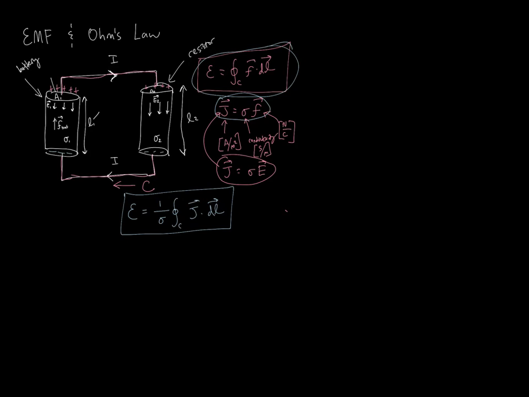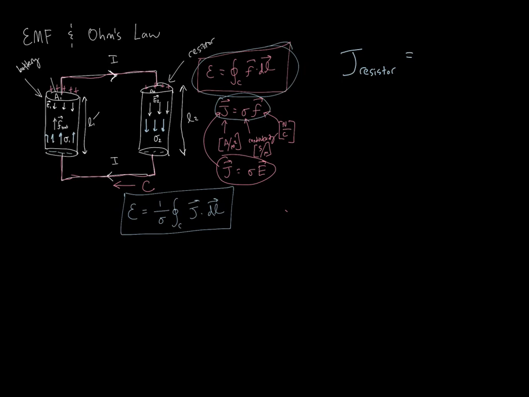The other simplifying assumption is to realize that the current density is uniform throughout the resistor and the battery. So, with these assumptions, let's write an equation for the magnitude of the current density in the resistor.